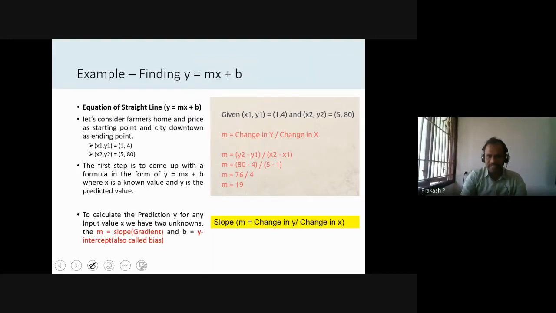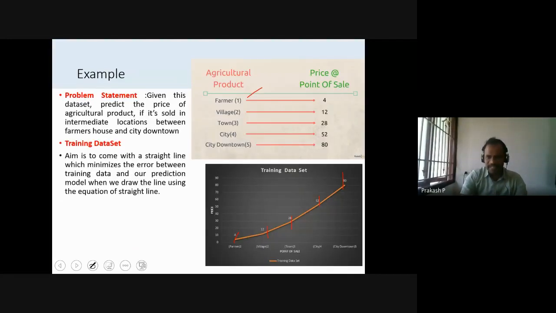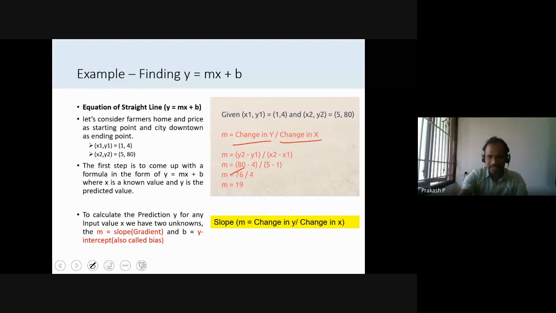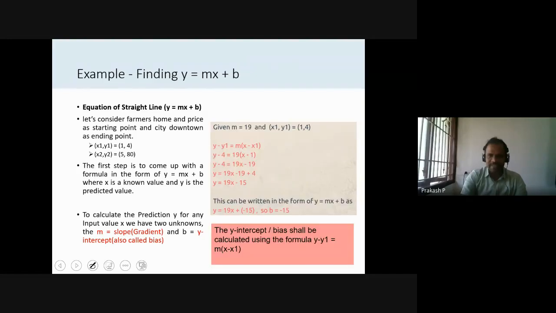Right. When we are trying to find a slope, it is change in y divided by change in x. What is change in y? 80 minus 4 is the change in y. Change in x is 5 minus 1. So it comes to 76 by 4, so 19. The slope is 19, or gradient. We call it gradient 19.